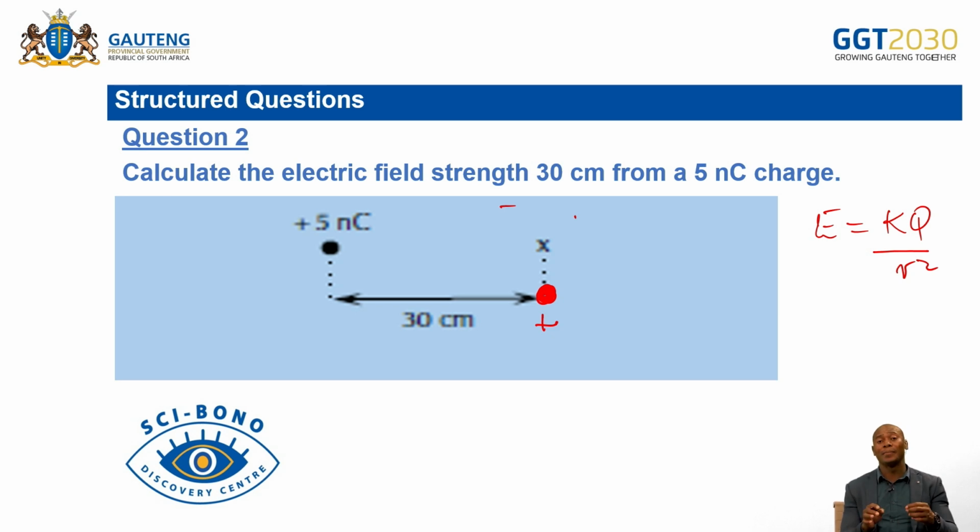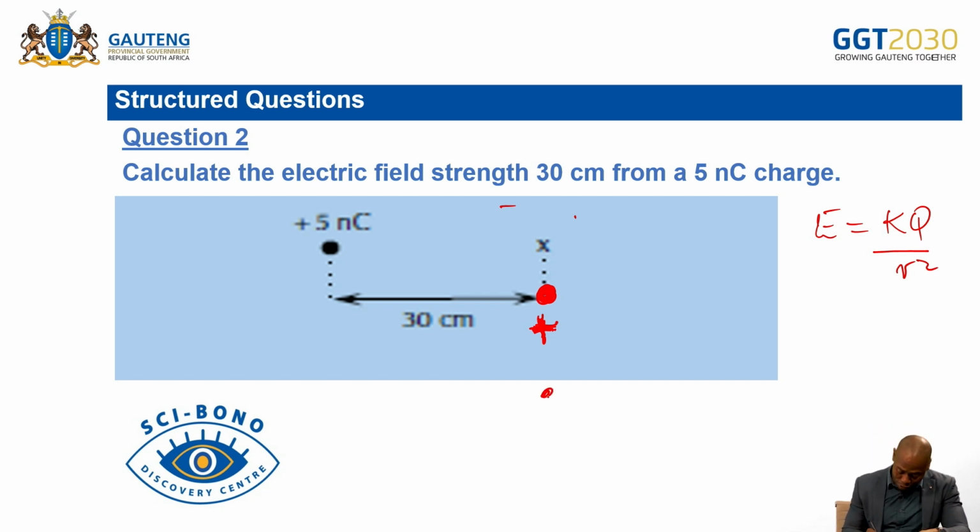So if you want to determine the direction of the electric field at a point, you can use your vector diagram. I can't say it's a free body diagram because a free body diagram is a diagram of forces, and here we don't talk of forces. We are talking about the electric field, which is a vector. Hence, I'm saying it's a vector diagram. But I'm going to draw it as a free body diagram. All right, but I can't say it's a free body diagram. It should be a vector diagram, right?